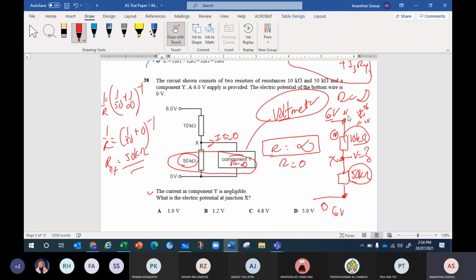That means here positive 6 volt, after crossing, the voltage at X becomes 5 volt. Instead of calculating the voltage up, you better calculate the voltage down. Easier. The voltage at X is the voltage used up by the bottom resistance. So you do 50 over 60 times 6, you get 5 volt. So the voltage above is 5 volt.